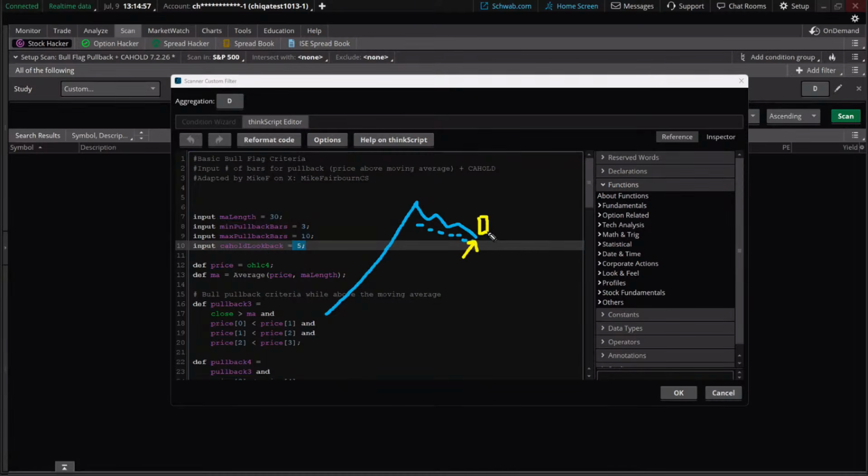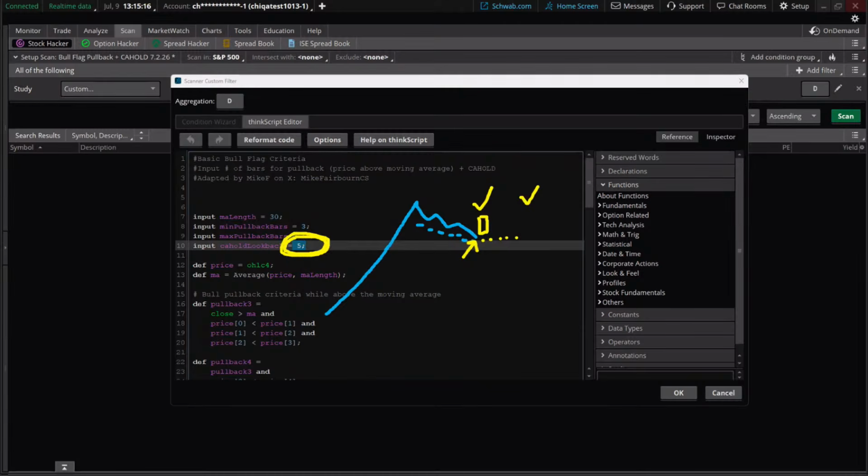Whatever the high of that low bar was, that would be our hold. But instead of just giving me the signal on the day, give me 5 days, so it's still noted on the scan if it's within a 5-day range.